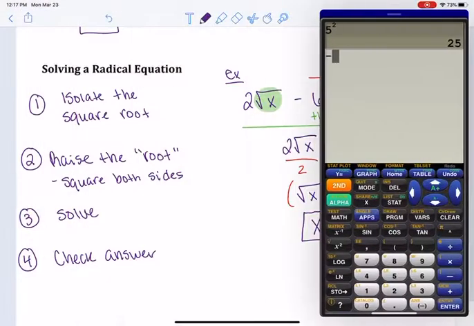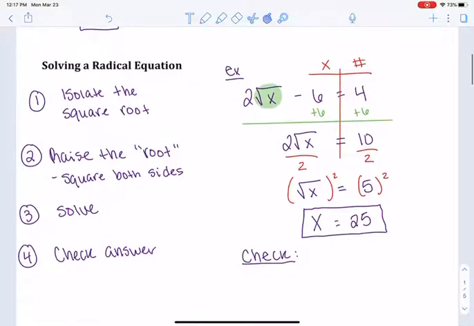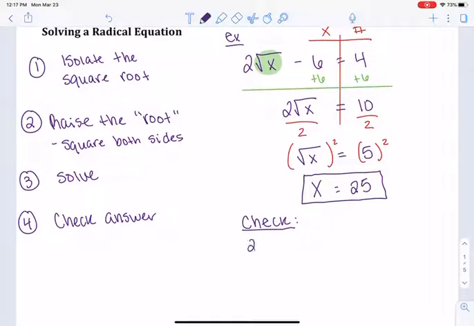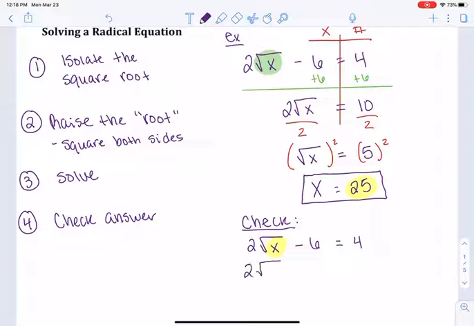If you look at the last part here, it says to check your answer. What that means when we're doing the check is you take your original equation, which was 2 times the square root of x minus 6 equals 4. You take your answer, 25, and plug it in for x to see if this is true. So 2 times the square root of 25, minus 6 equals 4.